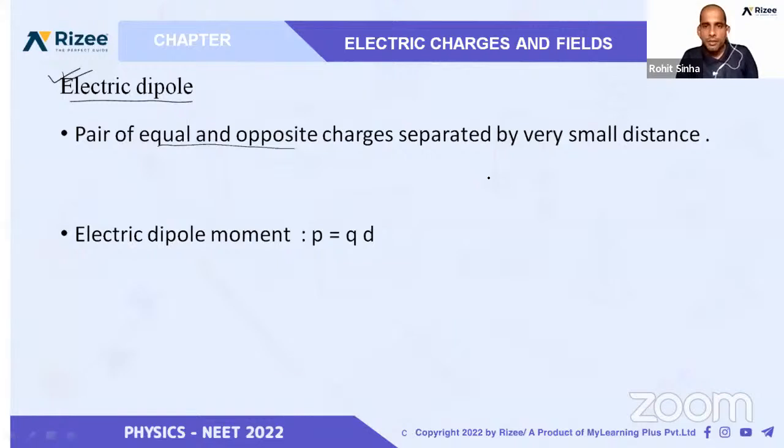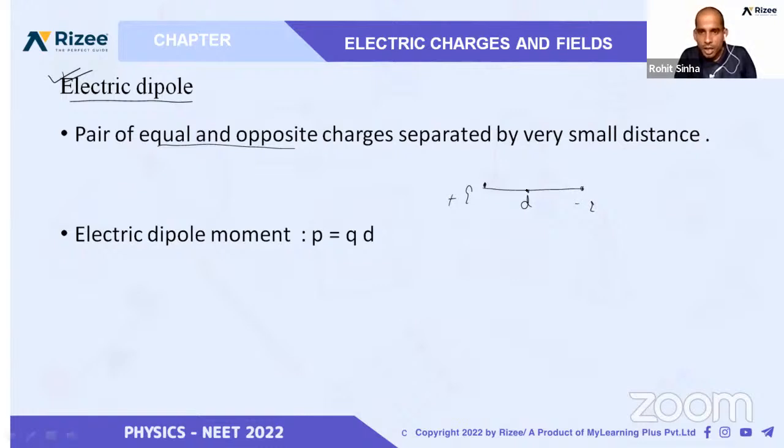It is telling that if we have two charges, one is plus q, another is minus q, and they are separated by some distance, let us say d, such that this is a very small distance.